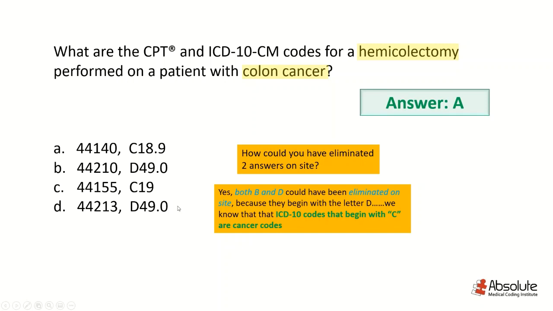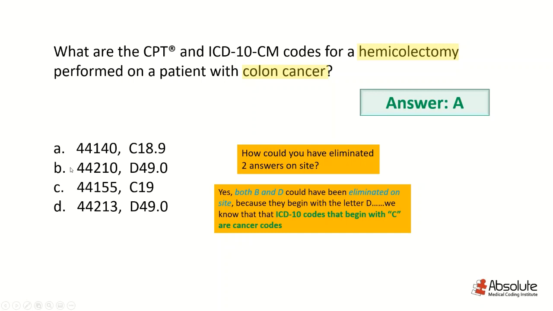Although, like I told you, you do not allow the ICD-10 codes to drive you to your answer. But in this case, you do want to take a look sometimes, because remember how we learn things on sight? ICD codes that begin with a C are cancer codes. If they begin with the letter D, they are not.